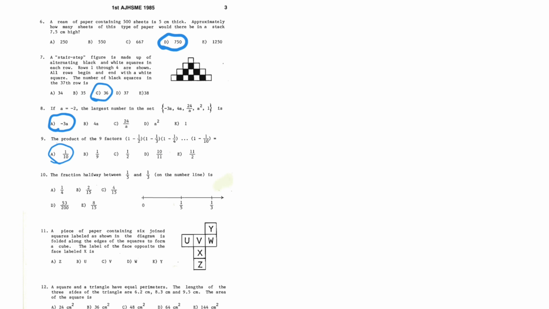Number 10. The fraction halfway between 1 over 5 and 1 over 3 on the number line.